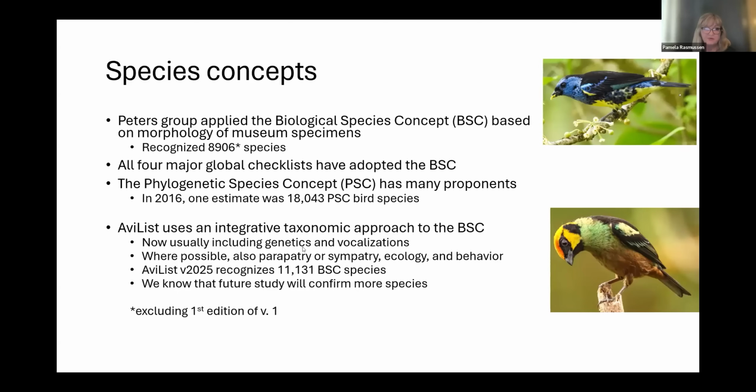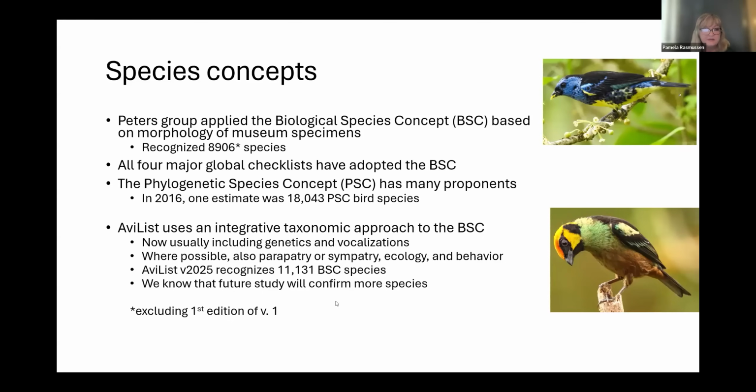In some cases, we also have information on whether birds are parapatric or sympatric, and I'll get to what those are in a moment, and their ecology and behavior in some cases. Those are not the primary sources of decision making for species concepts, but they can be relevant.